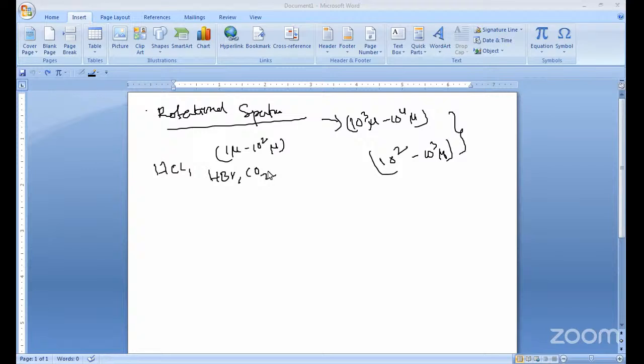Now we will move to the vibrational spectra. So we have to see where we are going to get this vibrational spectra.